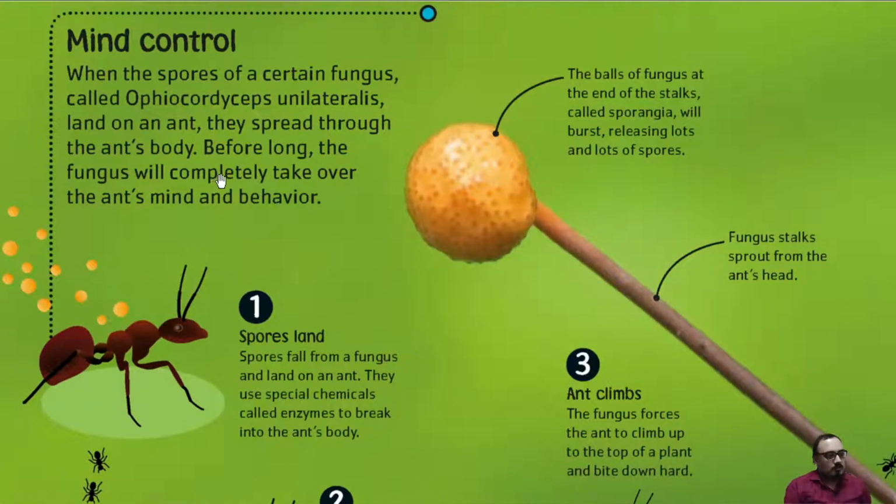So what are they going to do? Mind control. When the spores of a certain fungus called Ophiocordyceps unilateralis land on an ant, they spread through the ant's body. Before long, the fungus will completely take over the ant's mind and behavior.